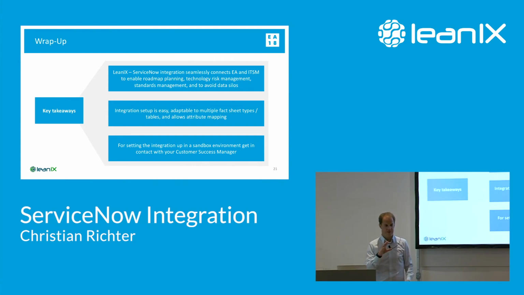And as an EA team, you can define certain standards that you want to make visible, and not just visible through nice reports. You probably heard, or hopefully heard, Patrick's session on standards management, but you can make it available directly via ServiceNow to the operation teams.